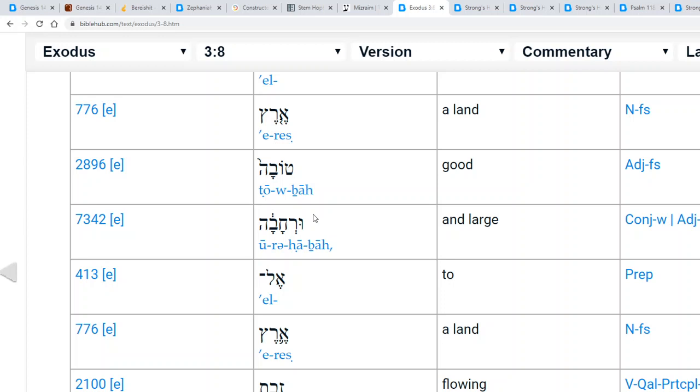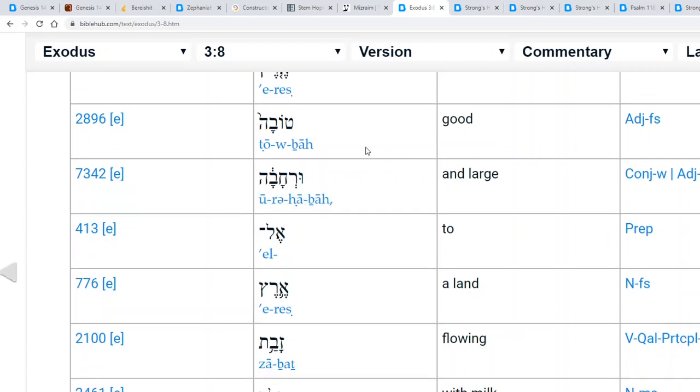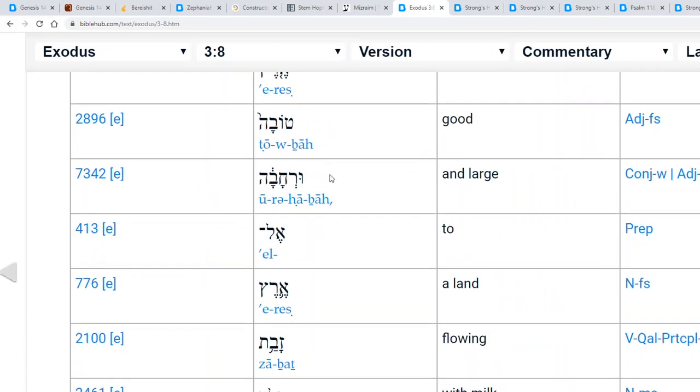So there is this constant opposition in the Bible between Israel and Egypt. So Tova urechava, and Mitzrayim, and Haaretz, the land which God gave to the Jewish people, it is a good and wide land.